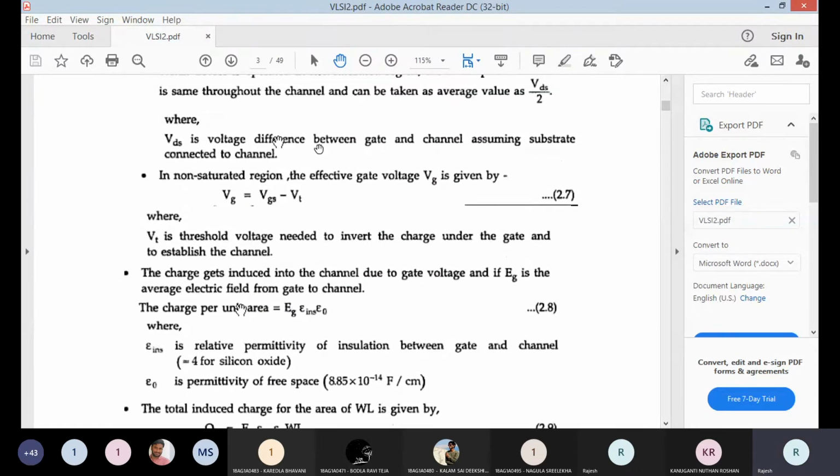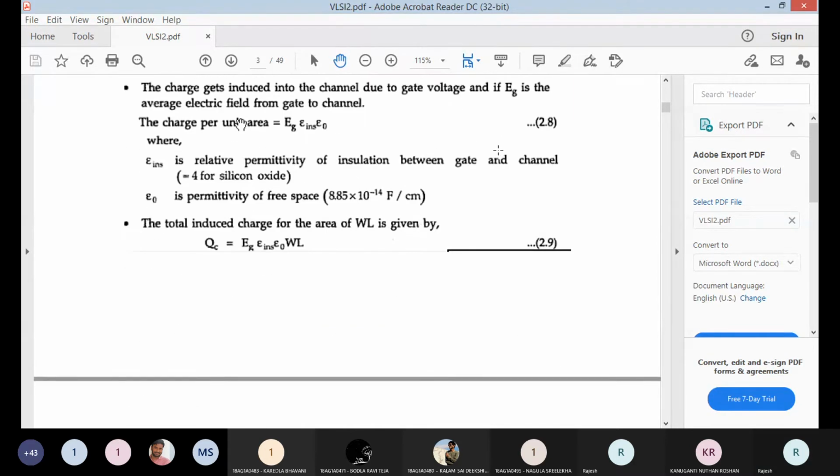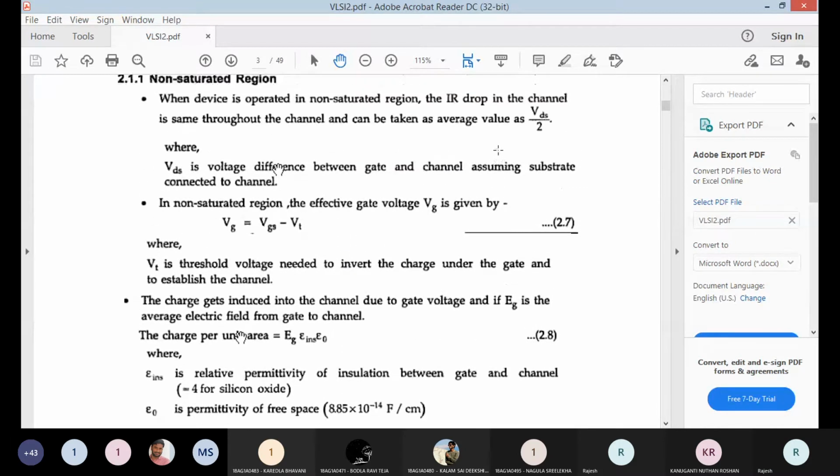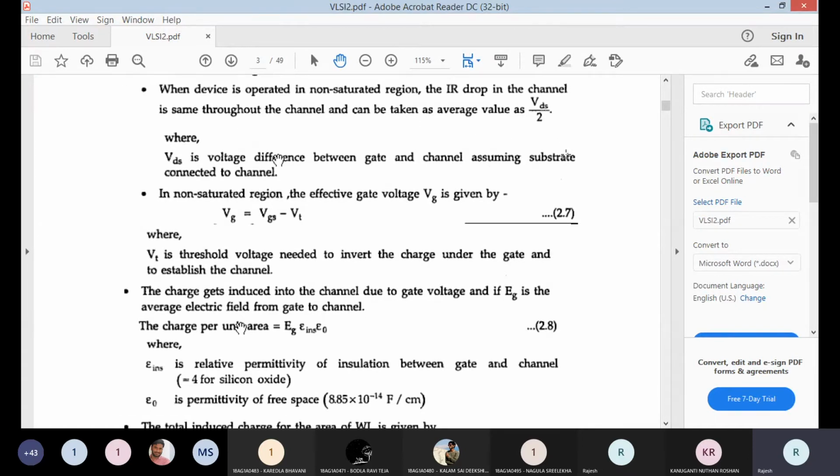VDS is voltage difference between gate to channel, assuming substrate connected to the channel. So the IR drop in the channel is same throughout the channel and it is taken average as VDS by 2. So the IR drop in the channel is considered as VDS by 2.